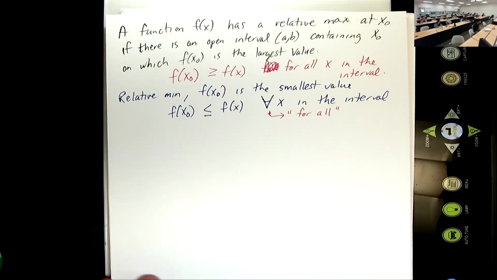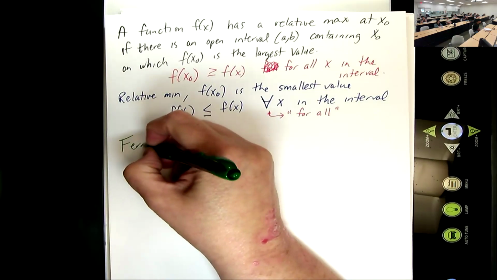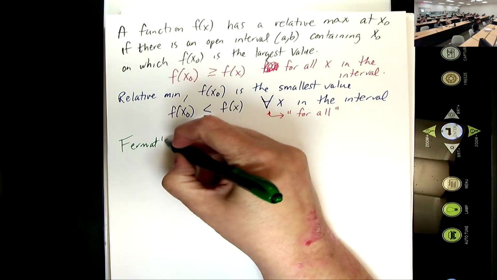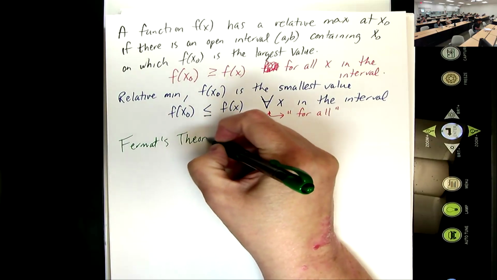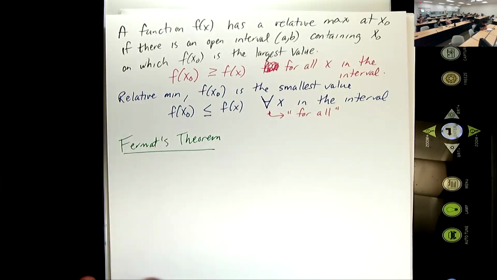There's some dude, his name was Fermat. Fermat had a theorem. And it feels like a little bit of a no-brainer theorem, but it's like this.